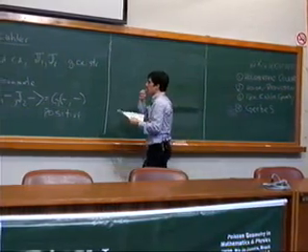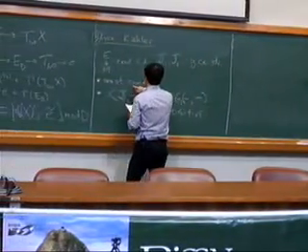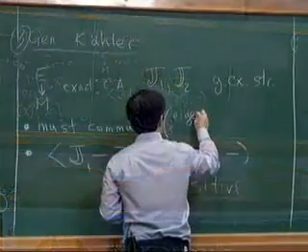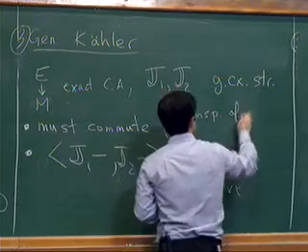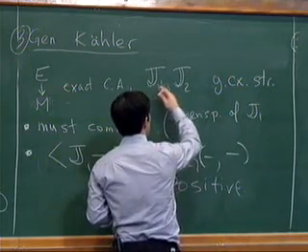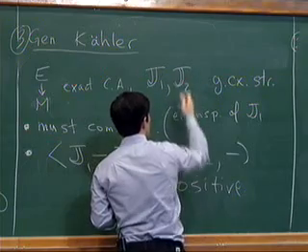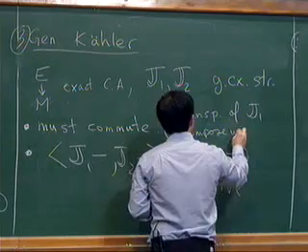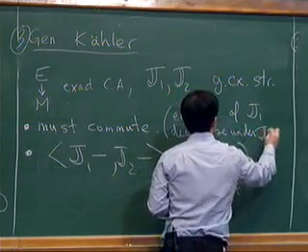Okay, so the point about this commuting is that the eigenspaces of J1, so this is a classical thing, eigenspaces of one operator will decompose as eigenspaces of the other under J2.